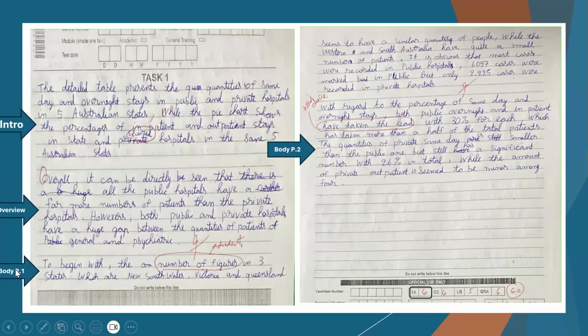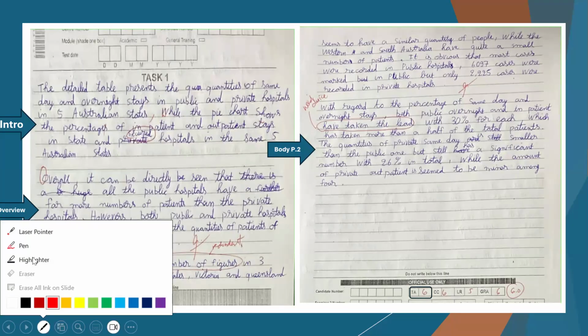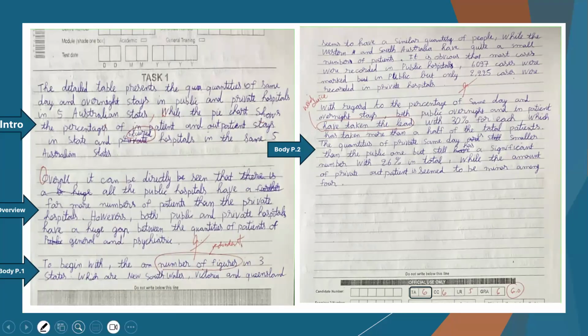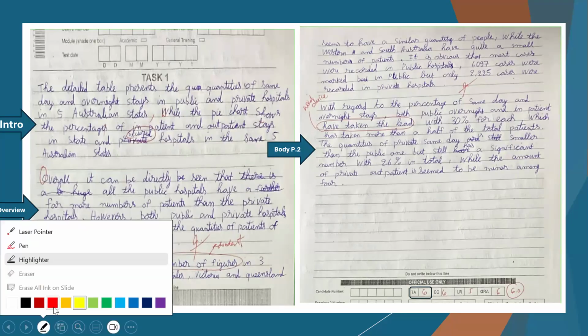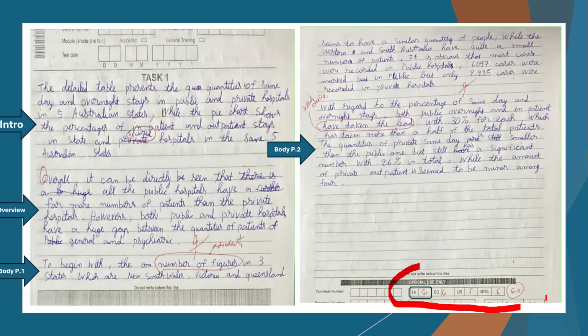As you can see at the bottom of this writing task 1 sheet, you can see how the candidate is rewarded. We have 4 criteria: TA, or task achievement; CC, cohesion and coherence; lexical resource, or vocabulary; and GRA, grammatical range and accuracy.